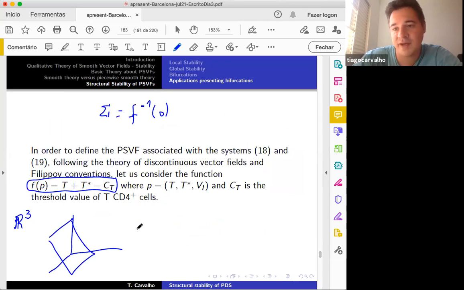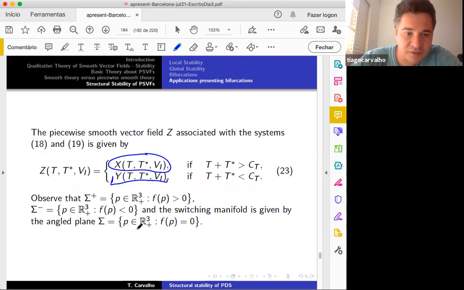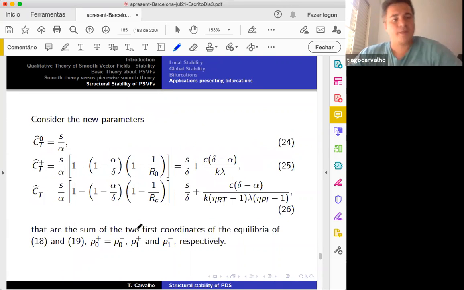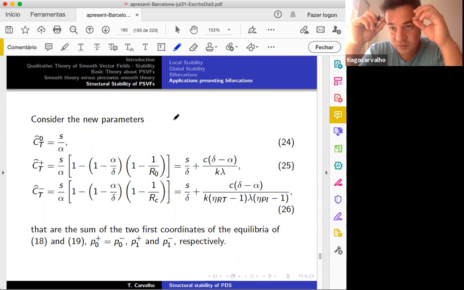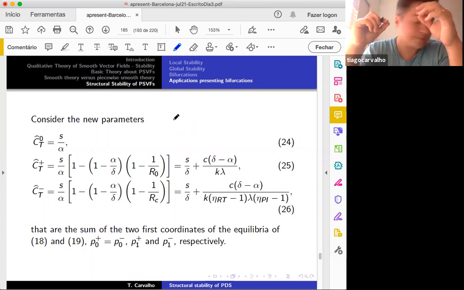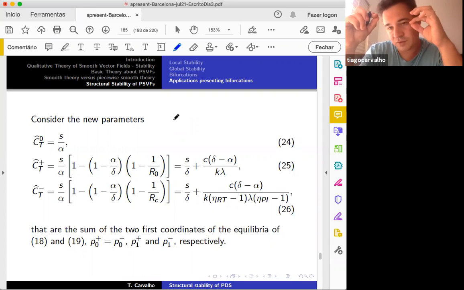The x vector field has two equilibria, and the y vector field has two equilibria. And moreover, one equilibrium of x coincides with one equilibrium of y. Okay, they share the same equilibrium. Of course, for one vector field, this equilibrium is virtual, and for the other vector field, this equilibrium is real. Okay.